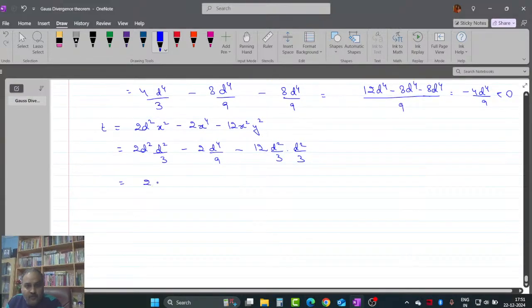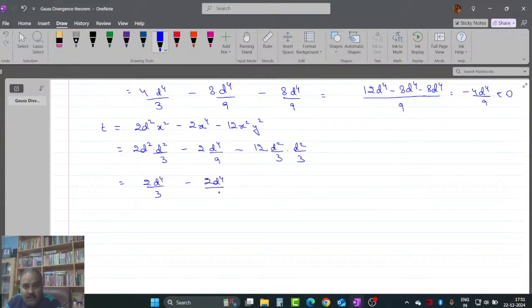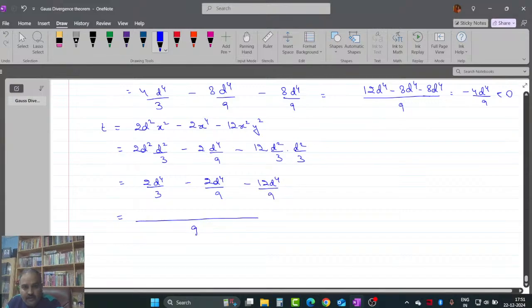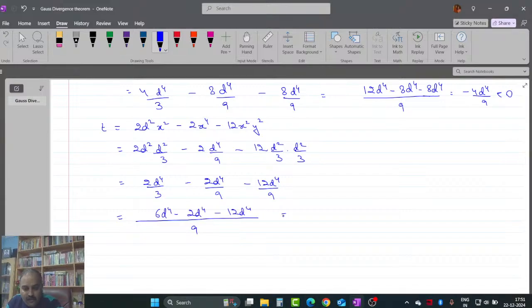So it will be 2d⁴ by 3 minus 2d⁴ by 9 minus 12d⁴ by 9. I am taking LCM with respect to 9. So 6d⁴ minus 2d⁴ minus 12d⁴, and it comes to be minus 8d⁴ by 9, that is also negative.